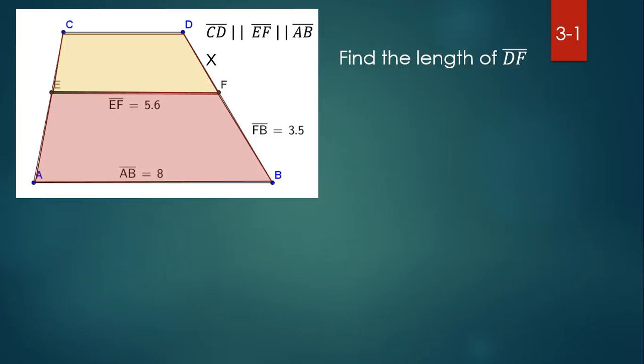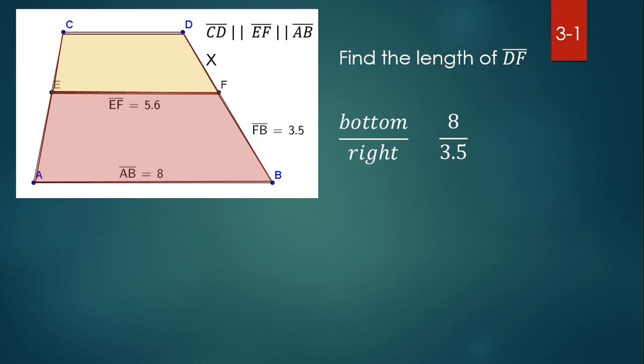So we need to think about the ratios that we're going to use to write our proportions. In each of these trapezoids, we're going to be able to compare a length of a bottom side of that trapezoid to the length of the right side of the trapezoid. So for the larger trapezoid on the bottom, the kind of reddish one, the bottom is 8 units long and the right side is 3.5 units long.